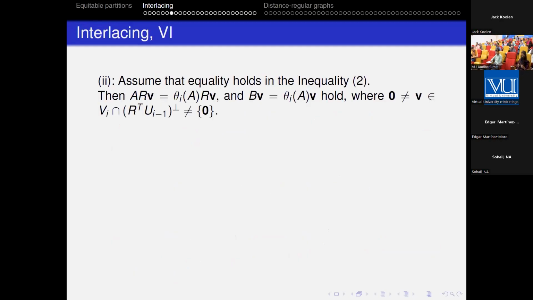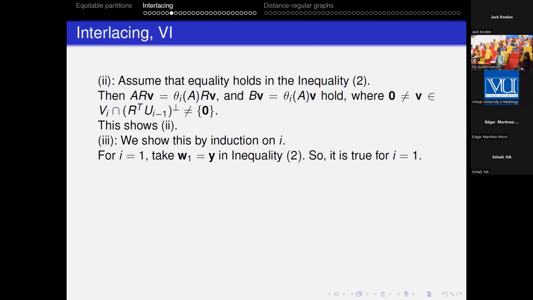Then we get a lot of things: because two inequalities become equalities, ARv is theta_i(A) Rv, and Bv is theta_i(B) v, where v is a non-zero vector inside the space V_i intersected with R transpose U_{i-1} perp. And this is how you show 2. 3 is technical, but you use essentially 2 by induction.